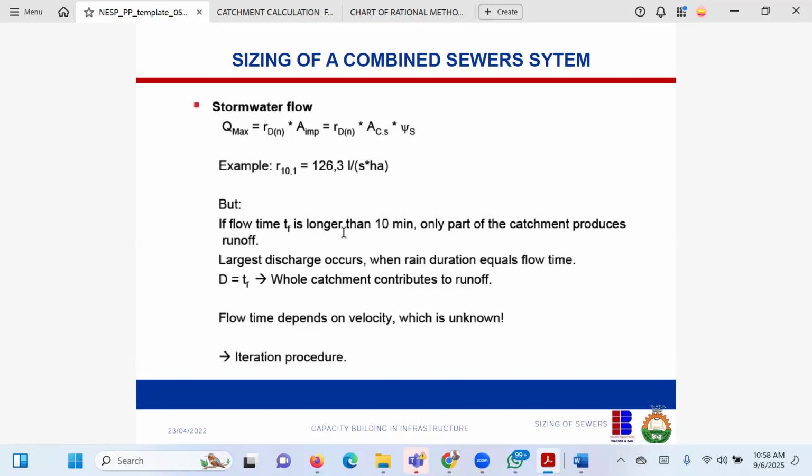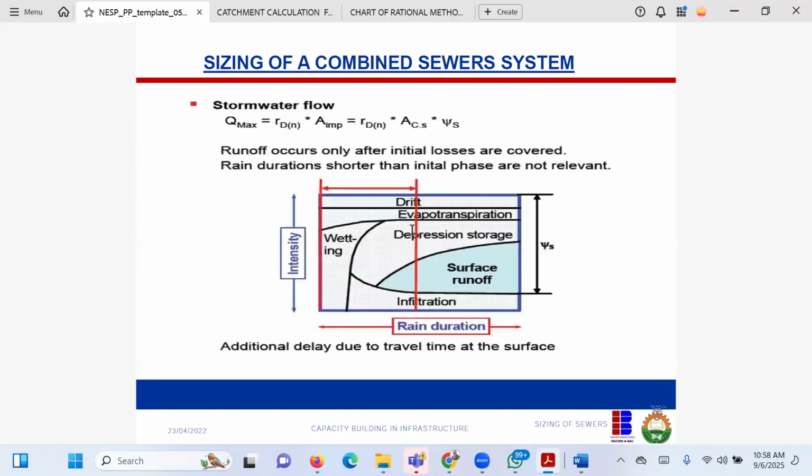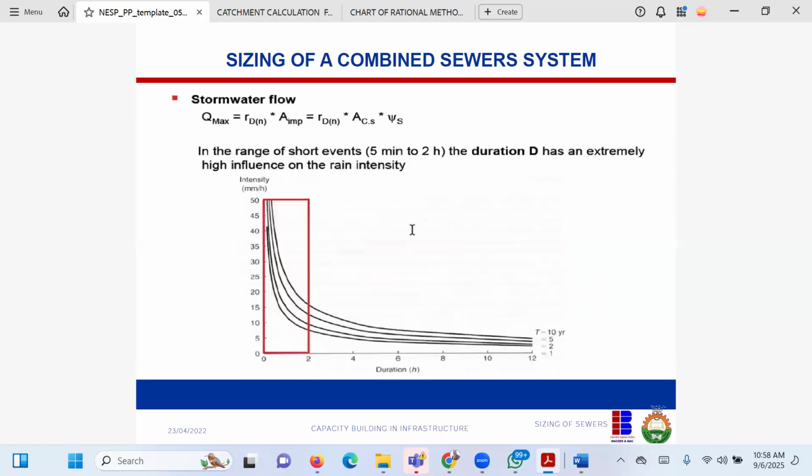But what it simply means is that if rain falls at point A and it travels for more than 10 minutes, the accuracy goes down. But if it travels exactly within 10 minutes, then we expect it to generate maximum runoff. In the course of this training, I'll explain further on that, please.